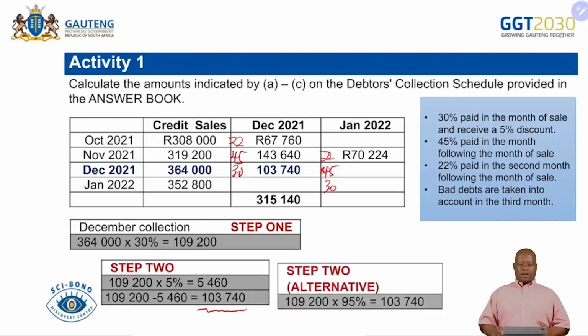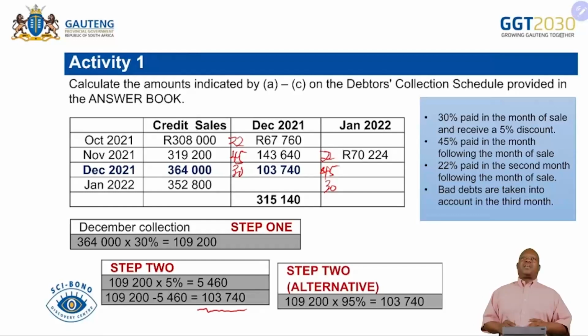Very important. But we can do this in one simple and smooth step, the alternative step. We can just say 109,200 times 95%. Remember, we want to collect what percentage? If we are giving a discount of 5%, it means we are going to collect 100 minus 5. We are going to collect 95%.